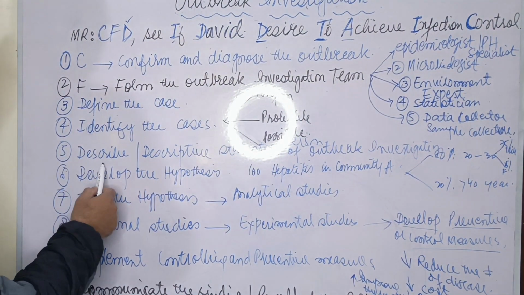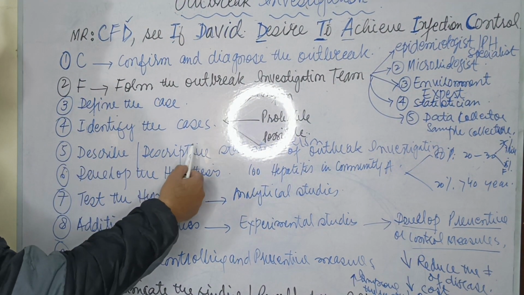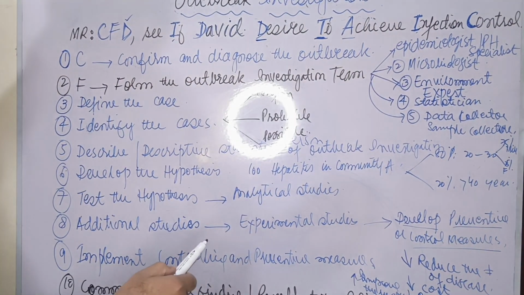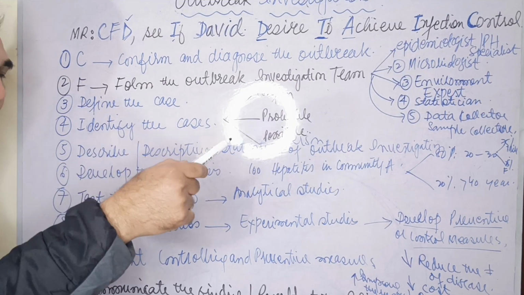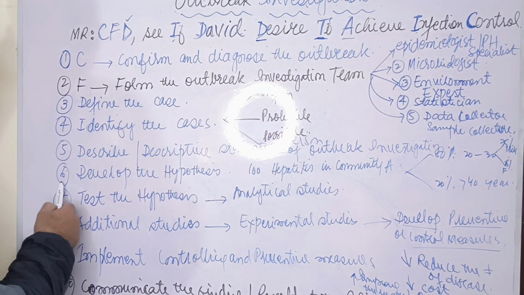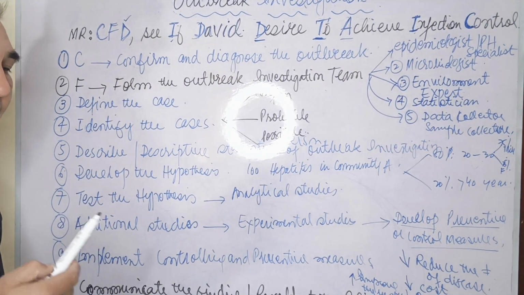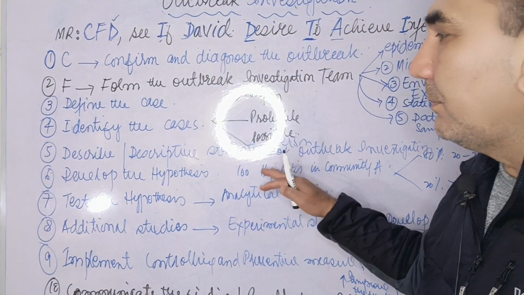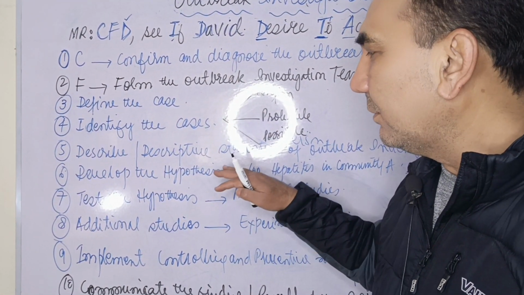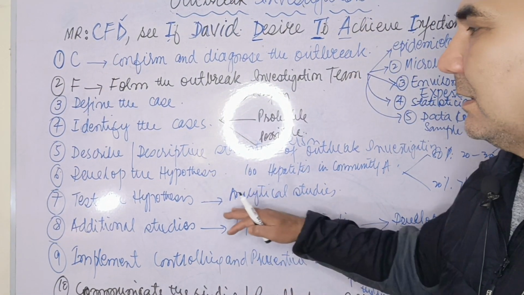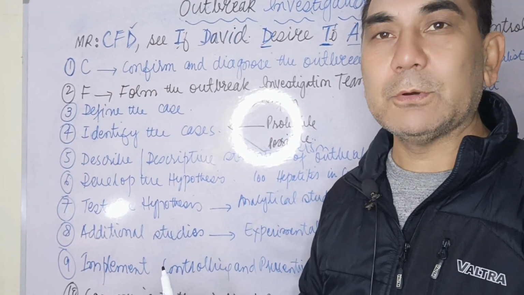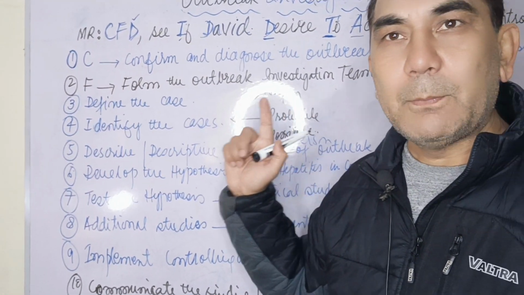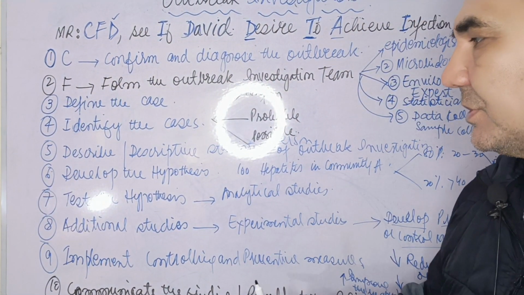Now the fifth step is to describe, or descriptive statistics. You will collect the data about the outbreak investigation in a particular geographical area. The sixth step is, after the descriptive statistics, you will develop the hypotheses. When you develop the hypotheses, you will then test the hypothesis, and for testing the hypothesis you will apply analytical studies.